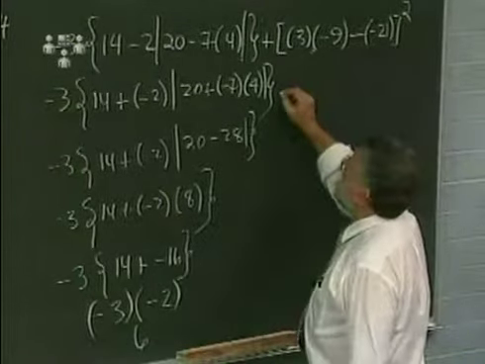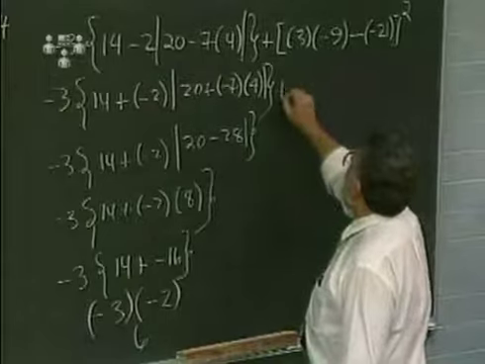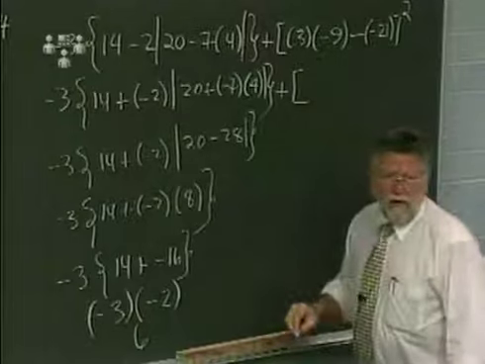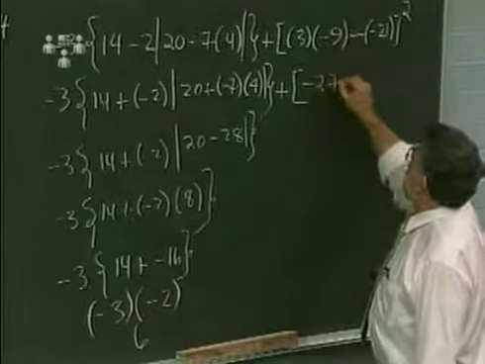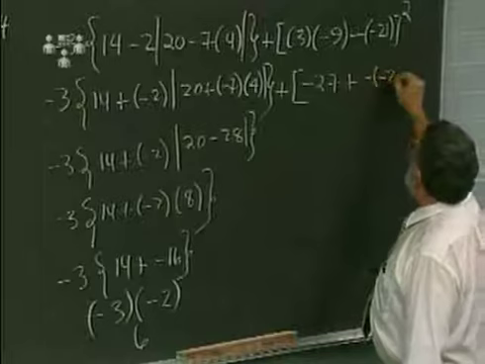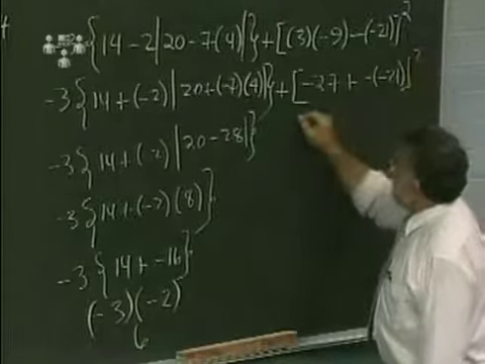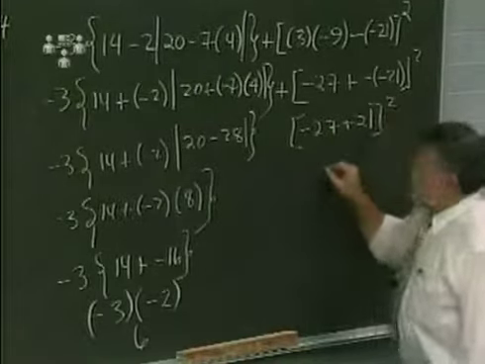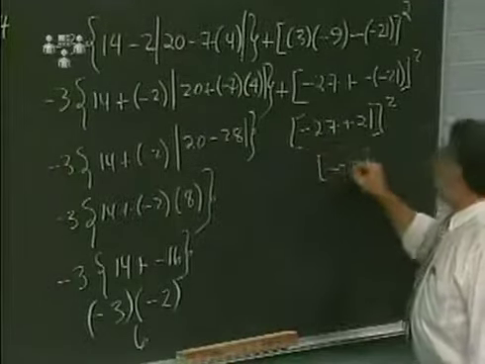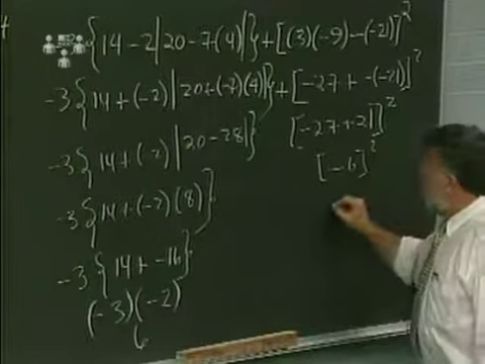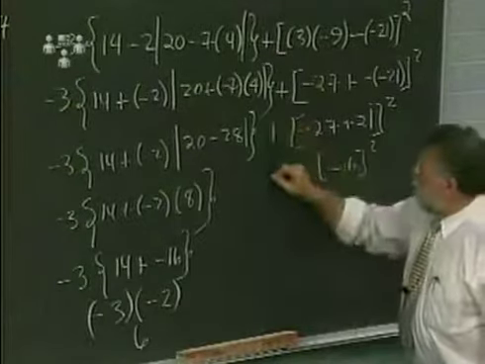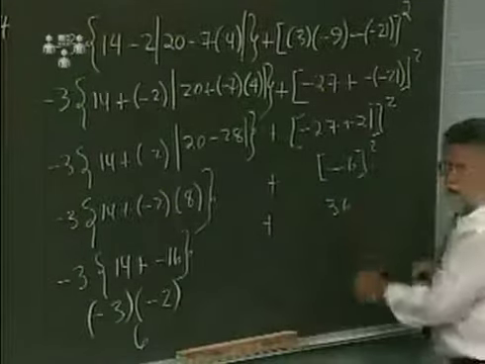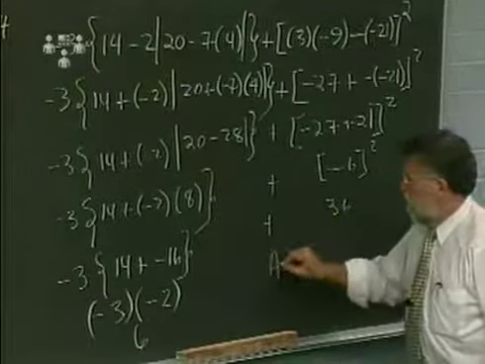Plus that mess. Okay, so we've got a plus now. Inside the brackets, I do multiplications first, so that's sort of nice. That's negative 27 right out of the gate. Plus an inverse of negative 21, which is negative 27 plus 21, which is negative 6 to the second, which is 36. So a plus sign, plus sign, plus sign. I have a 6 added to 36, my answer.